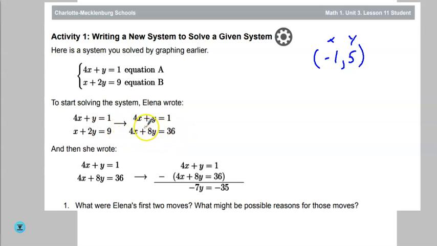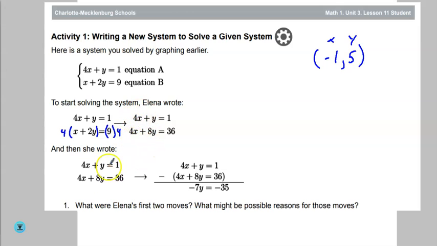What is she multiplying on both sides to get 4x plus 8y equals 36? Hopefully you're saying to yourself 4. 4 on both sides, right? Because 4 times 9 is 36. And that way she is making the x's have the same coefficient.